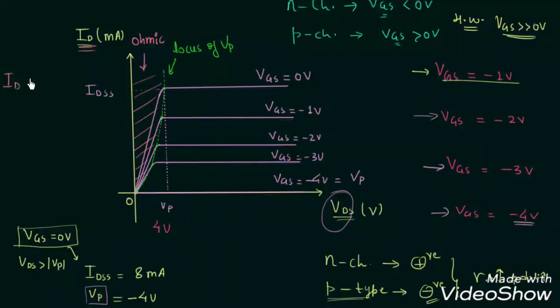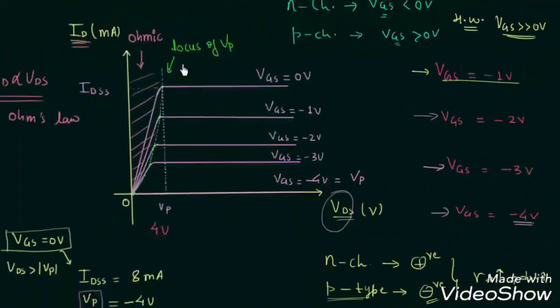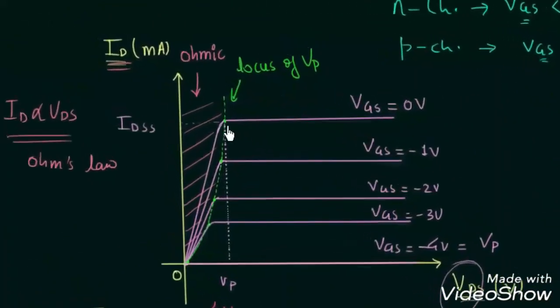ID is directly proportional to VDS, and this is the condition of Ohm's law. So our N channel JFET is acting as a linear device in this region, so we call this region the ohmic region. The region starting from the point when ID becomes constant and remains constant is called the saturation region or pinch off region or the active region.